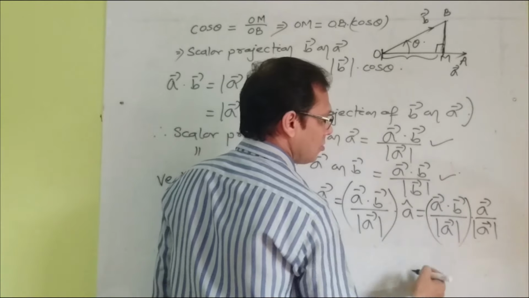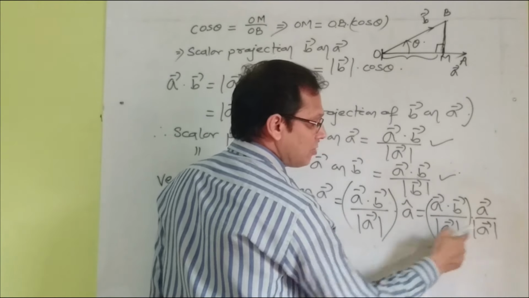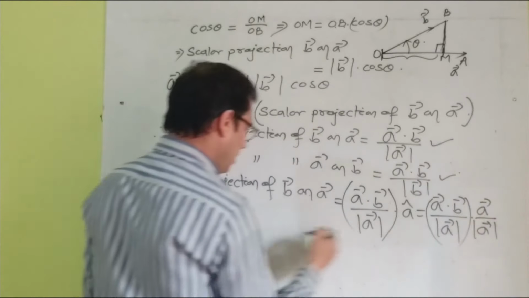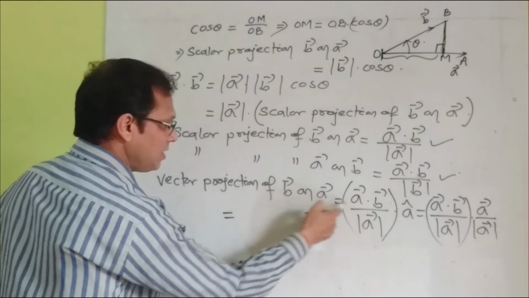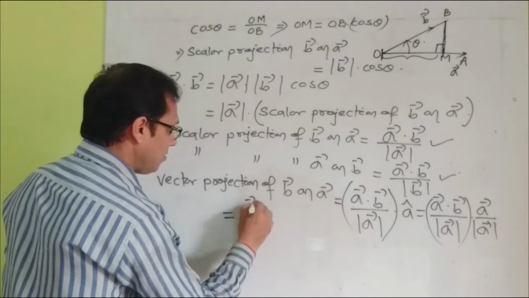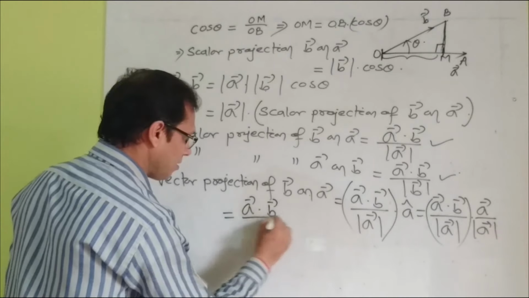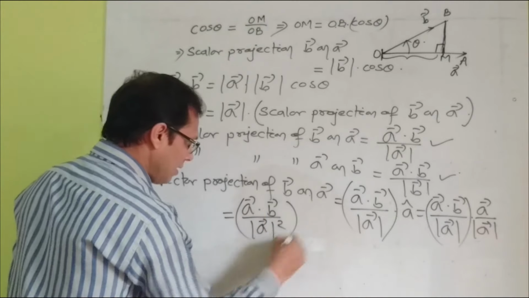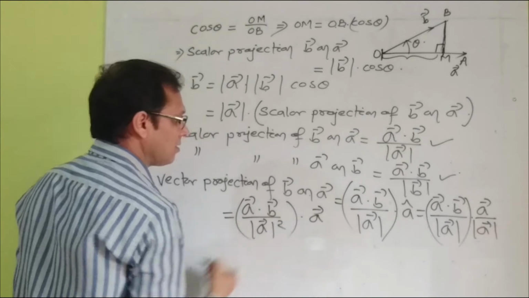So A vector magnitude into A vector magnitude is magnitude square, and so the vector projection of B on A is equal to A vector dot B vector by A vector magnitude square into A vector.